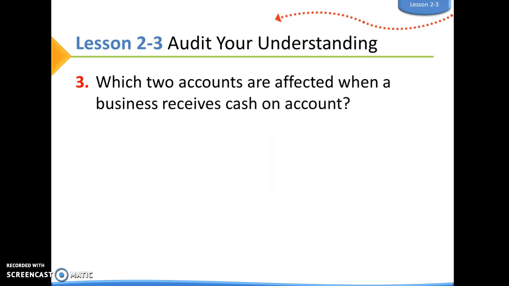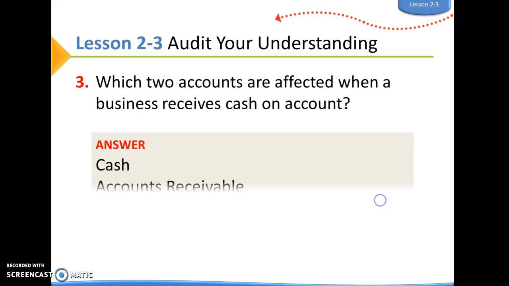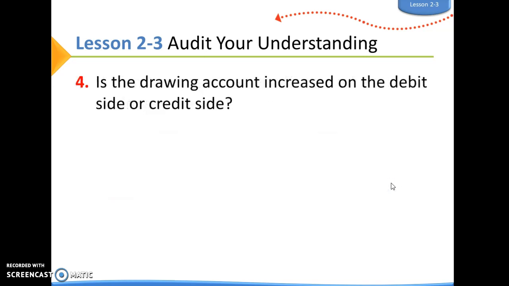Which two accounts are affected when a business receives cash on account? Logan. Cash and accounts receivable. Okay. Is the drawing account increased on the debit side or credit side? Colton. Yeah, increased debit. It increases on the debit side.